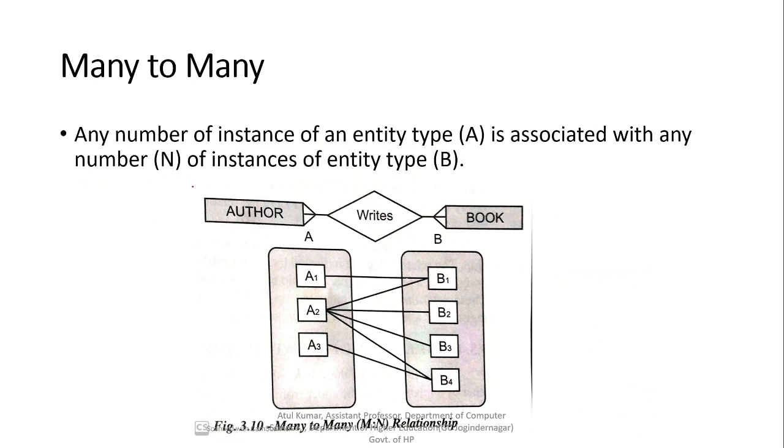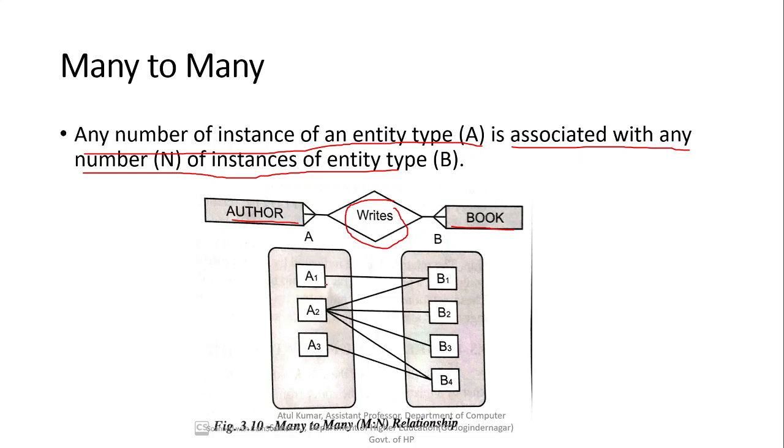Next we have many to many relationships. Here a number of instances of entity type A are associated with any number of instances of entity type B. As an example, suppose we have two entities, author and book, and the relationship between these two is writes.